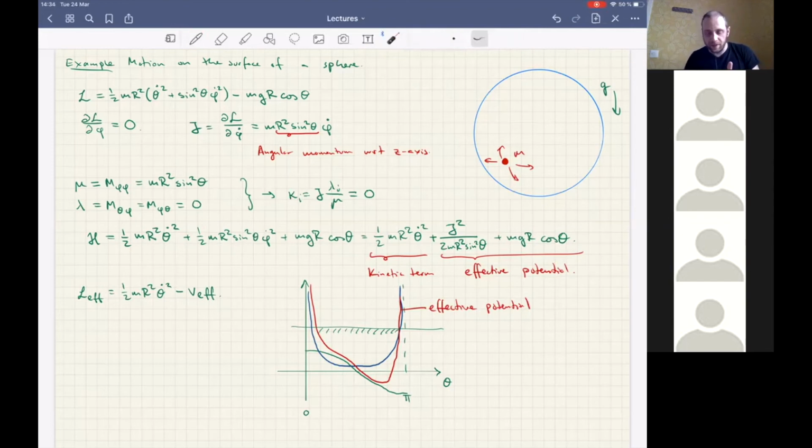In particular, this means that since this angular momentum contribution goes to infinity, regardless of the energy we have, we will never be able to have this system reach theta equal to 0 or pi, as long as our angular momentum is non-zero. And this is one of the reasons why this term, including the angular momentum, is often called the angular momentum barrier, because it's a barrier that prevents us from ever getting to these 2 points.